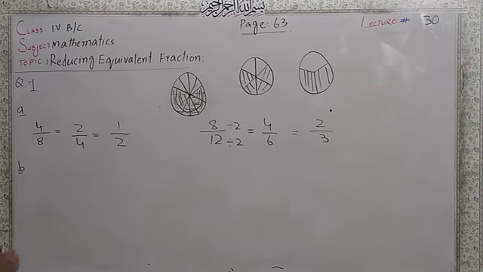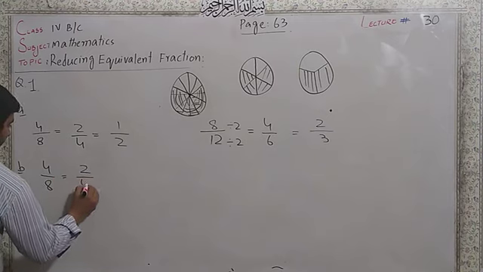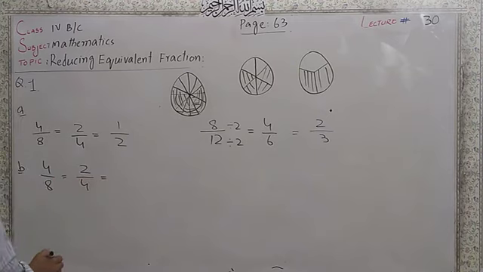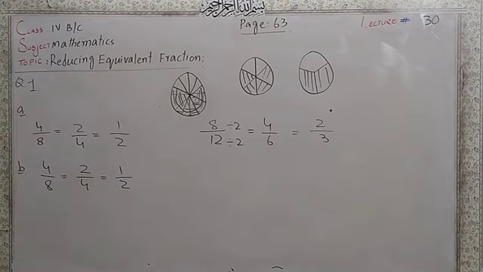Same in B, you have 4 colored parts and total are 8. And then next one 2 colored and total are 4. And in the third one 1 is colored and total parts are 2. Sorry, I did this.